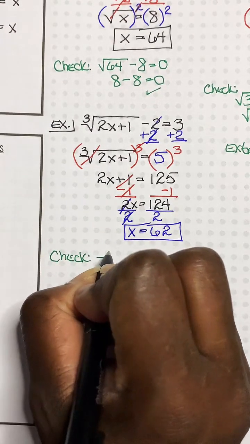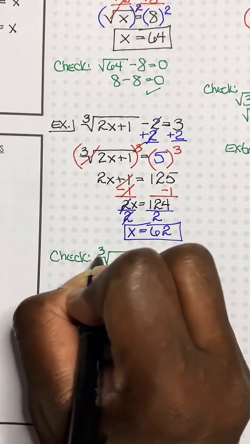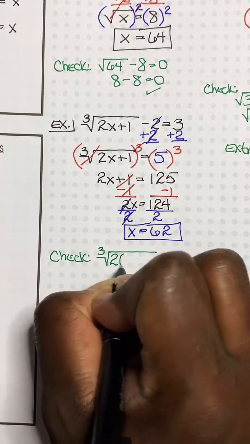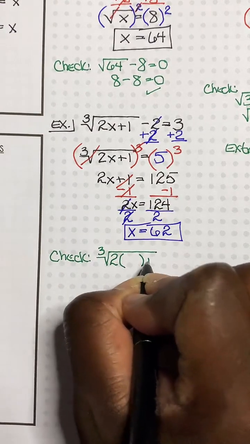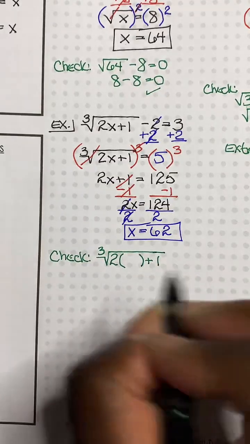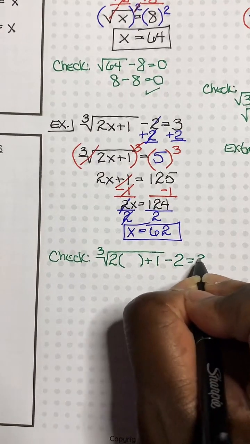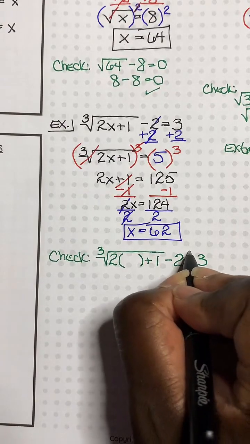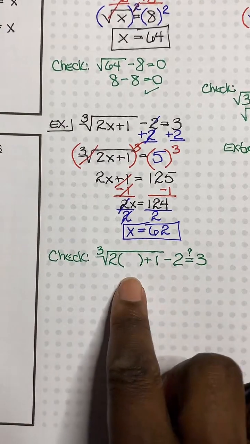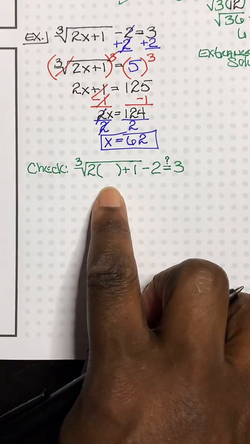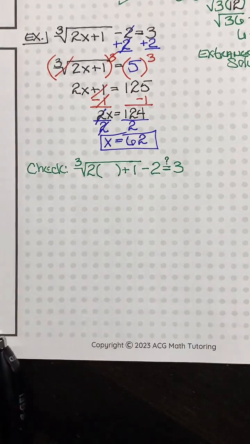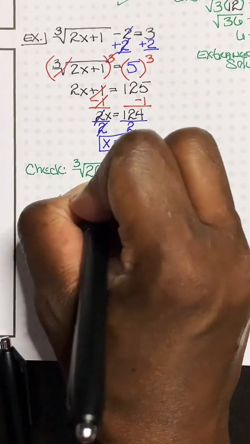So we have the cube root of 2 times that 62 plus 1, all underneath that radical, minus 2 equals 3. We want to see if that left-hand side is actually going to give us an answer of 3.